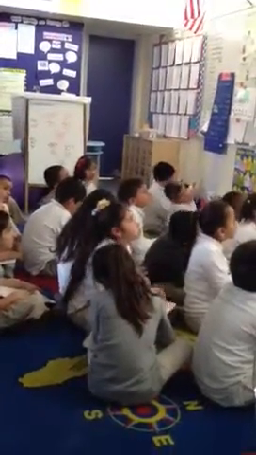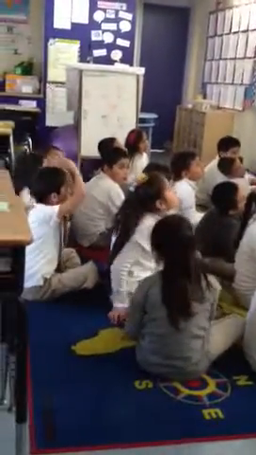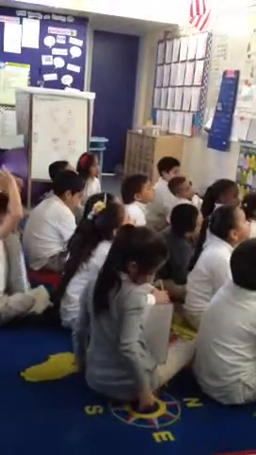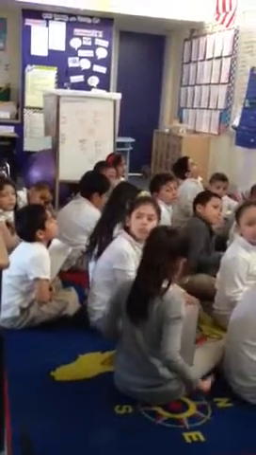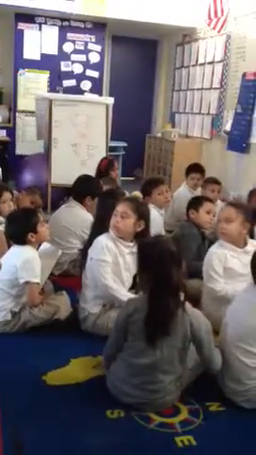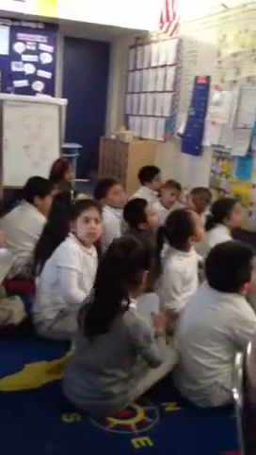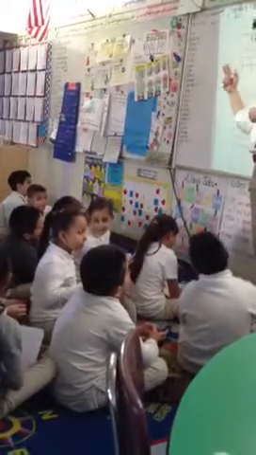So how do we count up to get to $2 from $1.75? Eduardo? You can start from $1.75 and get to $2. How do I get to $2 from $1.75? What coin can I add?